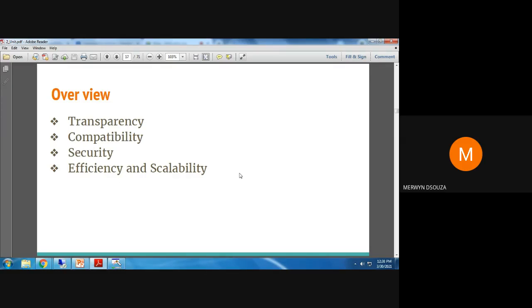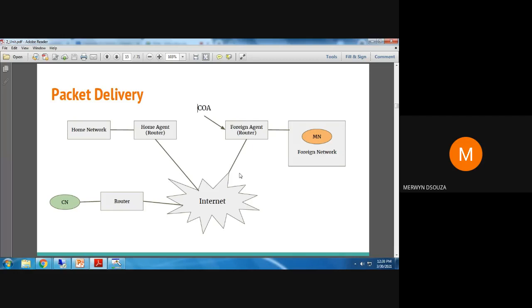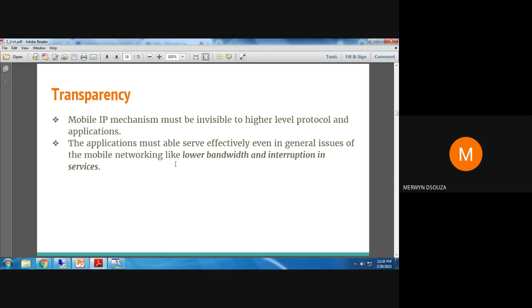So that is the meaning of transparency. Even if there are interruptions in the services or bandwidth problems, the data should still reach and the communication should happen correctly. Network issues or any kind of interruption should not affect the communication.